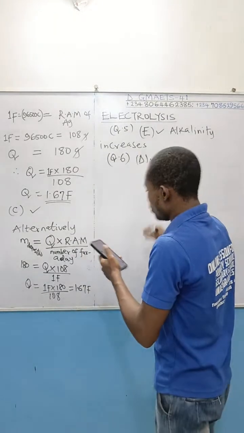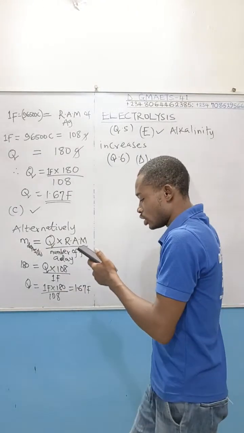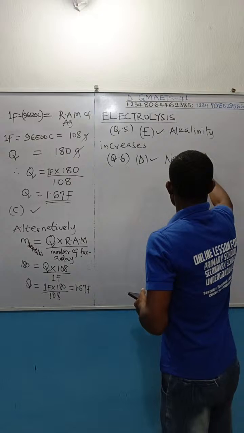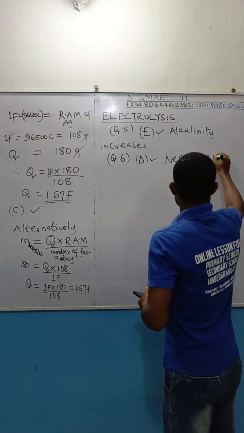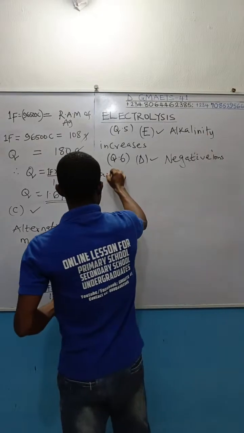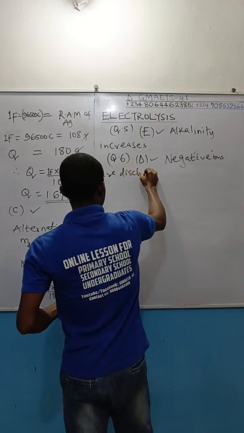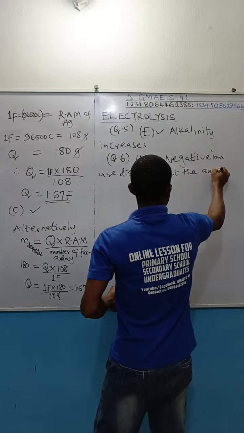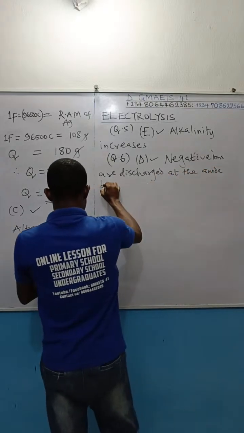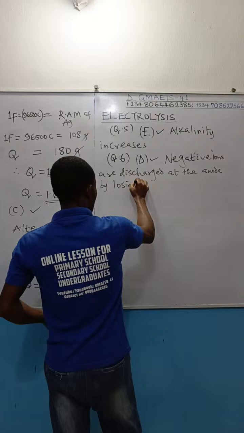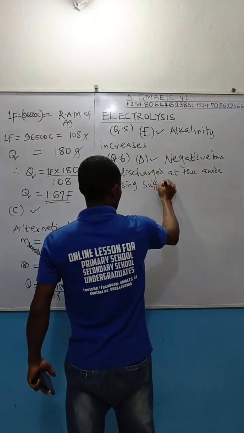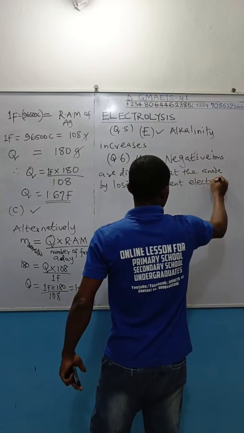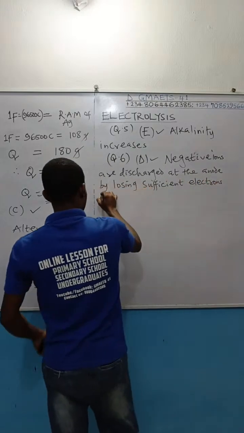We say negative ions are discharged at the anode by losing sufficient electrons to become neutral.